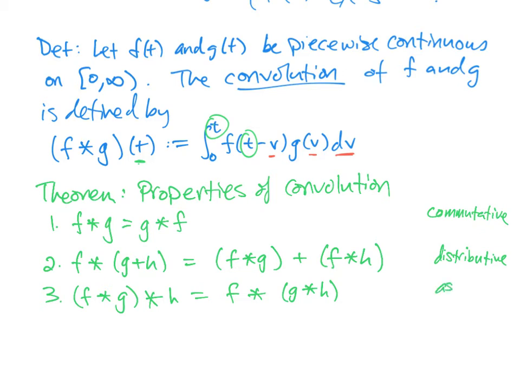So this is associative. And then the last one here, f star 0 equals the 0 function, which again is pretty obvious. If you change g to 0, then that would kill the whole thing. And I don't know a name for that. So convolution has some of the same properties as multiplication. Not all the same properties, but in some respects it operates similarly to multiplication.